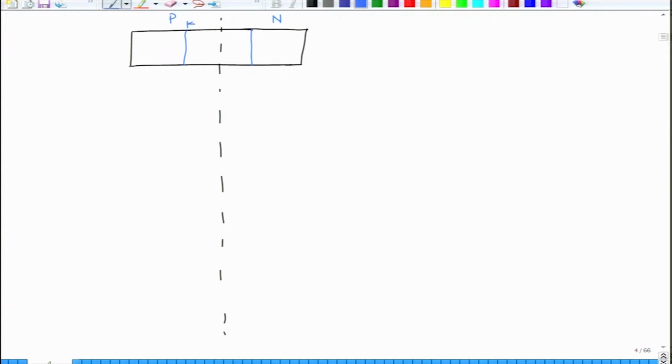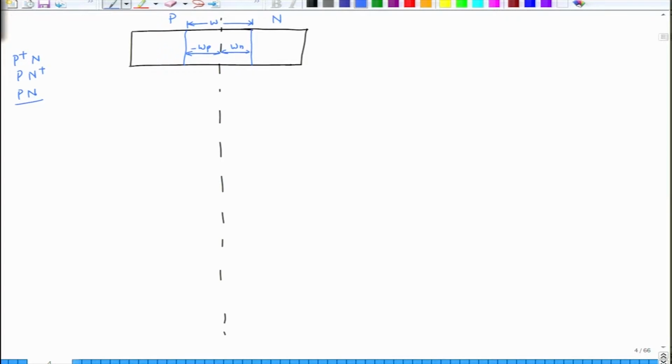This is capital W, this is minus Wp and this is plus Wn. Here we are saying that doping of P is similar to N. Generally if P is heavily doped we write it as P plus N, if N is heavily doped we write it as P N plus, and if both are lightly doped we write them as PN junction.